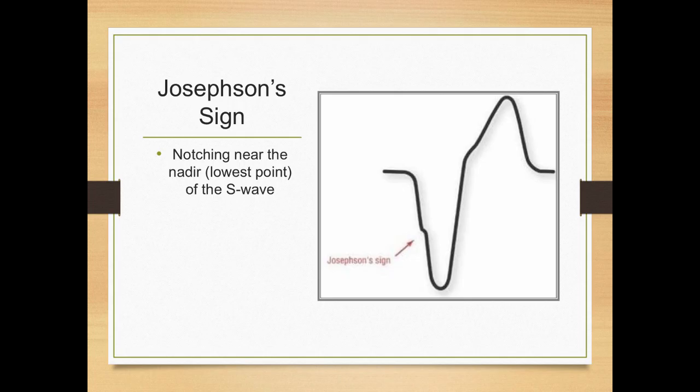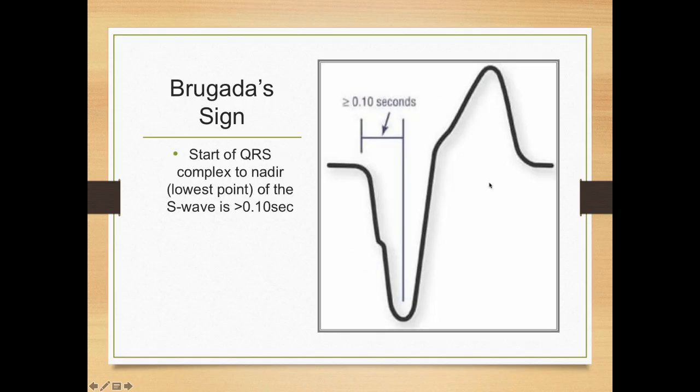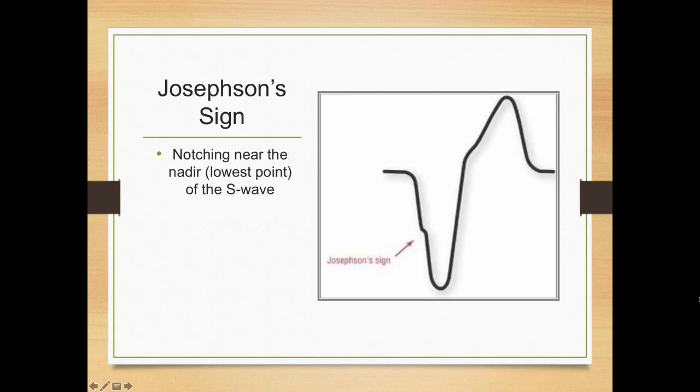So this is Josephson's sign, independent of Brugada's sign, even though we probably have Brugada's sign right here. It looks like the same exact complex. We have Brugada's sign here. We have Josephson's sign down here. So we have two indications that this is probably V-Tach. So again, another rule in for V-Tach. If we're thinking, is this V-Tach? Is this an SVT? If I see Brugada's sign and/or I see Josephson's sign, I'm thinking V-Tach.